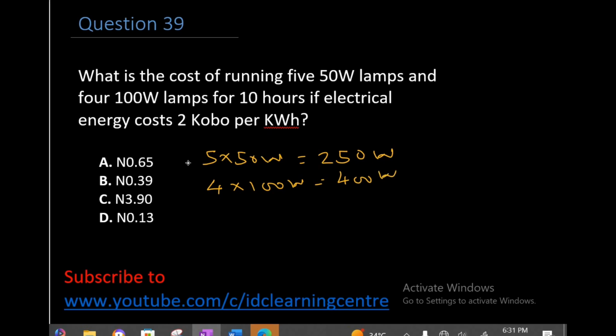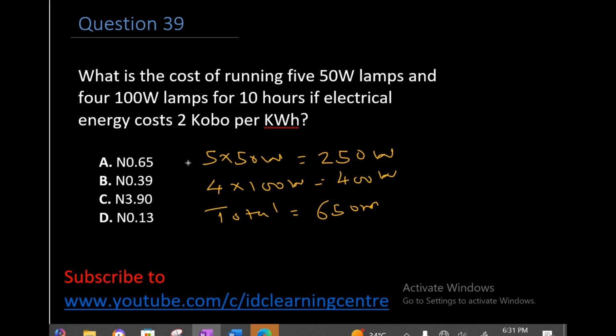So the total of the power now is going to be 250 watts plus 400 watts will give us 650 watts. Right, so now it's talking about the cost of running this power for 10 hours.